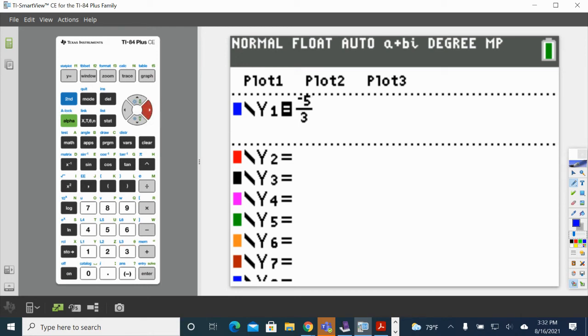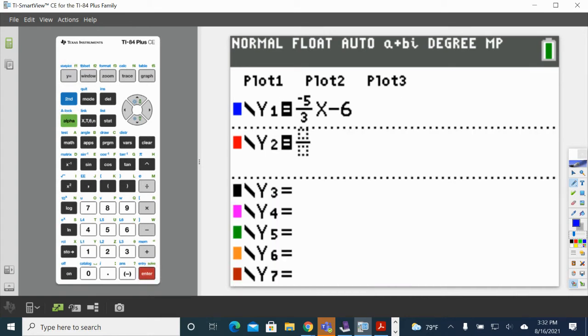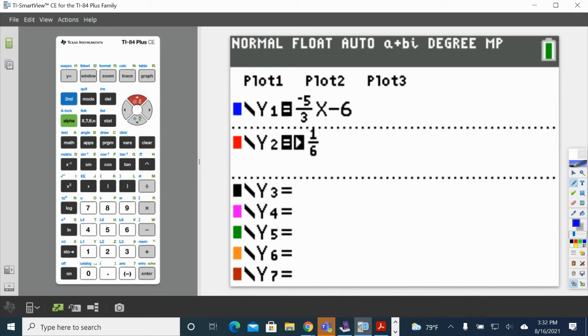The x, remember, is next to alpha, minus 6. I'm going to hit enter and go down to y2 and put in the 1/6 x plus 5. Now I'm going to hit graph.